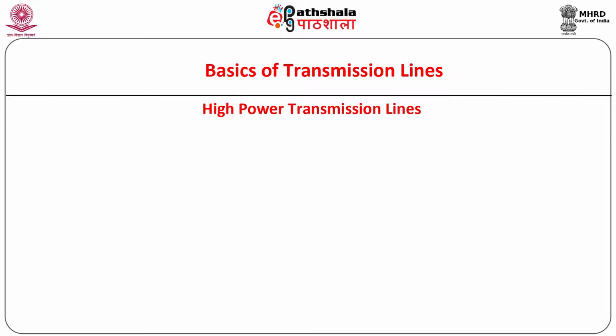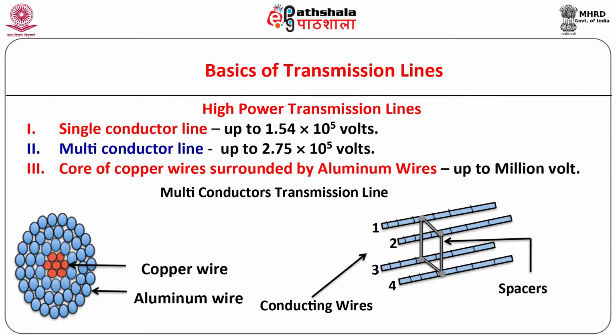However, we can have power transmission lines having a single conductor up to 2 lakh volts, as well as multi-conductor transmission lines of more than 2 lakh volts made up of aluminium.